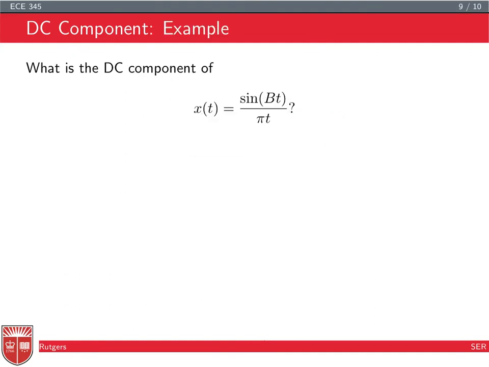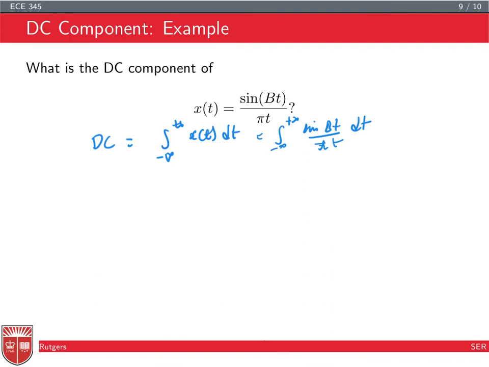For instance, what is the DC component of the sinc function or a low-pass filter? Of course, here you could just do the integral like we tried to do before. So you can say the DC component is equal to the integral of x of t dt. By the way, this is not the energy that we computed, because for the energy you need to have this square, right?